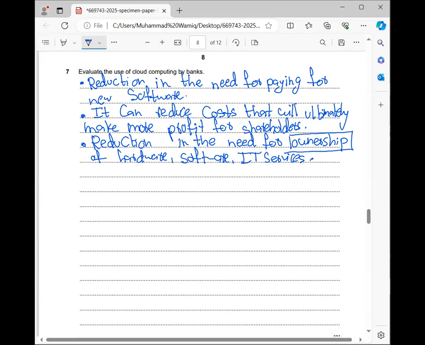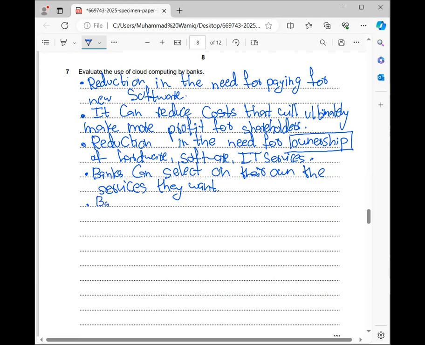That means that now the banks can select on their own the services they want. They don't have to primarily depend on any software or a computer or an IT person.